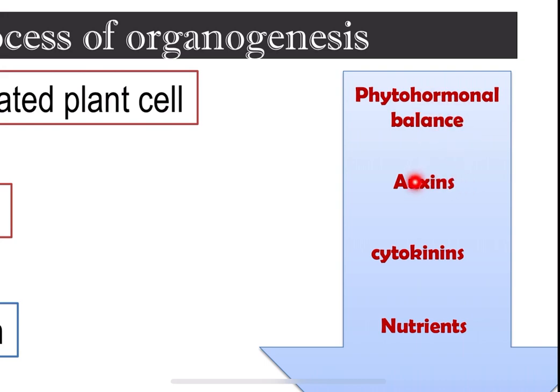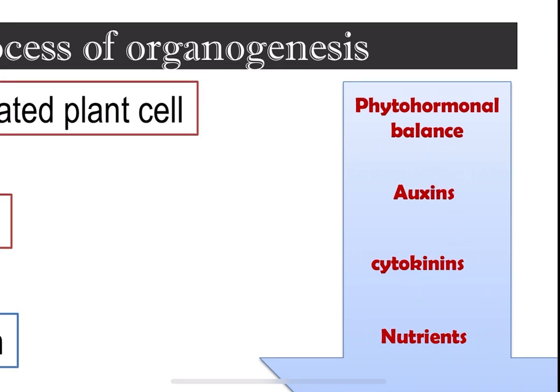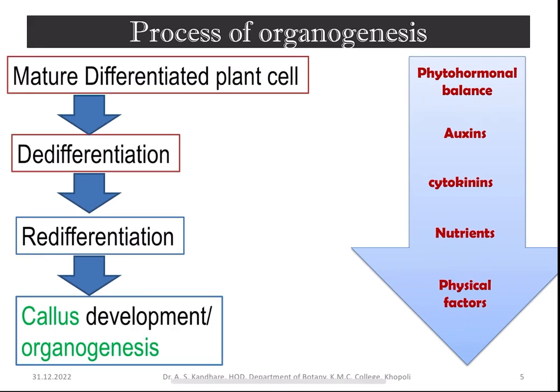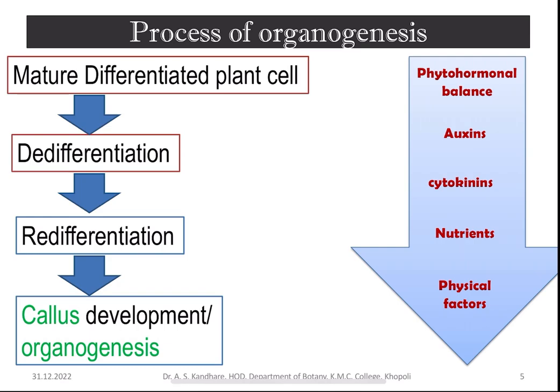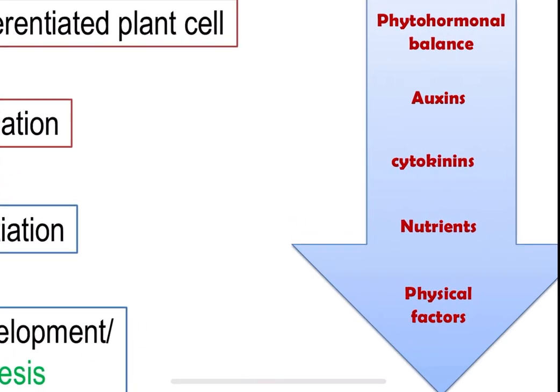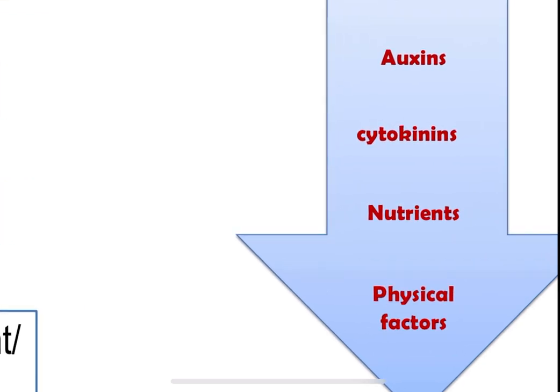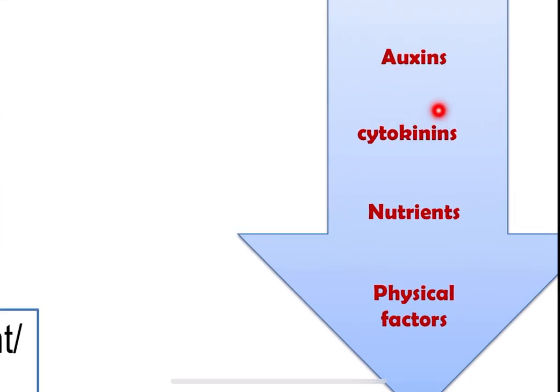For example, auxins and cytokinins, these are the vital phytohormones, isn't it? These are the prime phytohormones that are used in PTC. That is auxins and cytokinins. Then nutrients. Supply of macro and micronutrients along with all the vitamins are very, very important, isn't it?